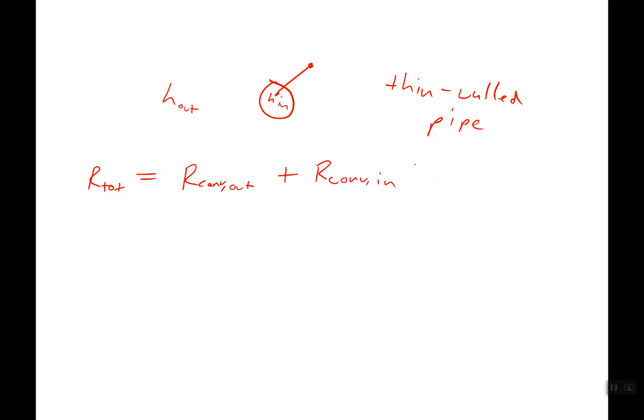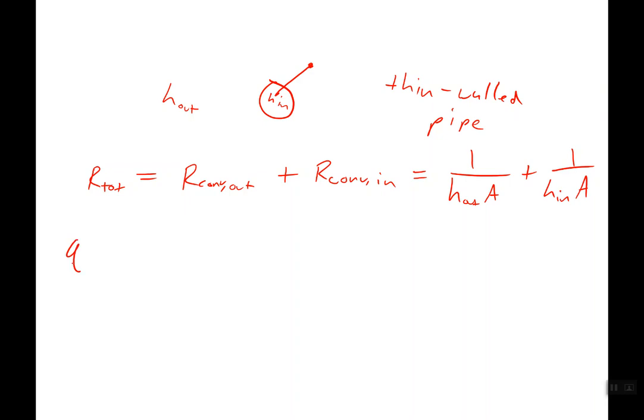So we would get our R total, which is 1 over h out times A plus 1 over h in times A. So you might want to go back and review thermal resistances because these are going to be really important.